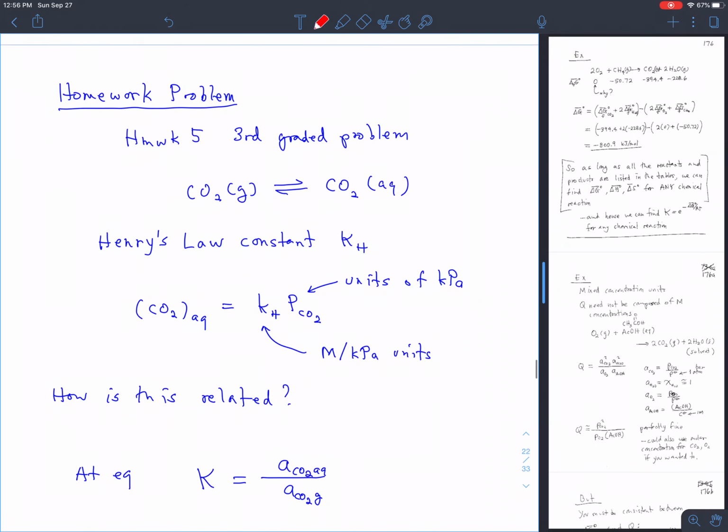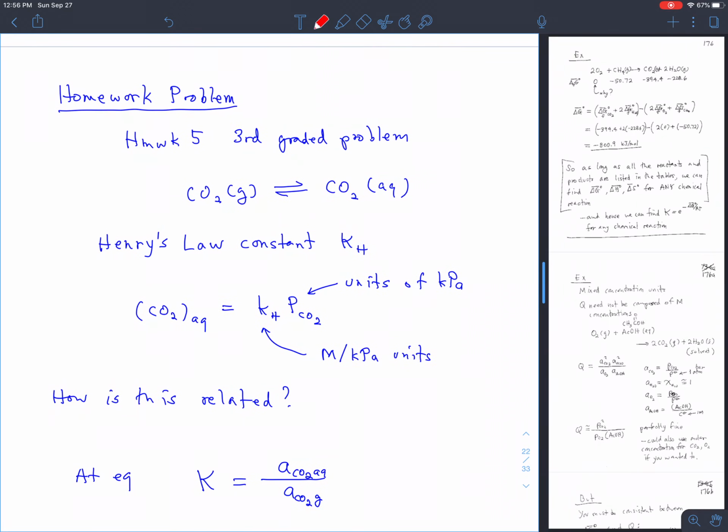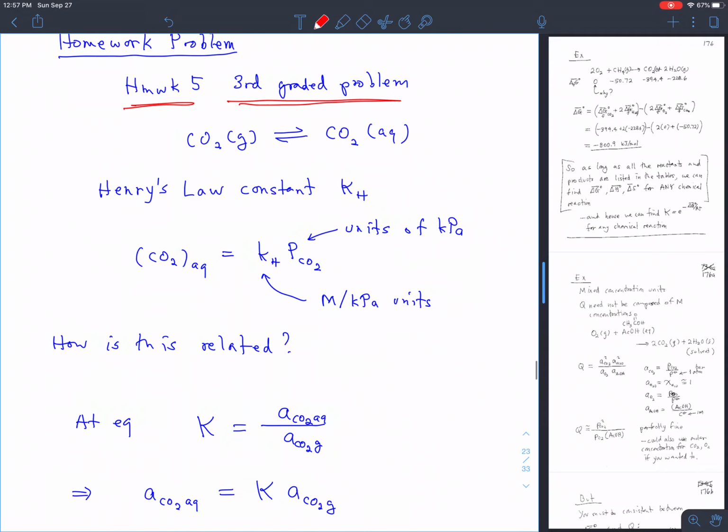There is a homework problem that is meant to emphasize and give you some practice in dealing with standard state issues and choices for activities issues. That's homework 5, third graded problem, where the reaction in question is the dissolving of gaseous CO2 into water.